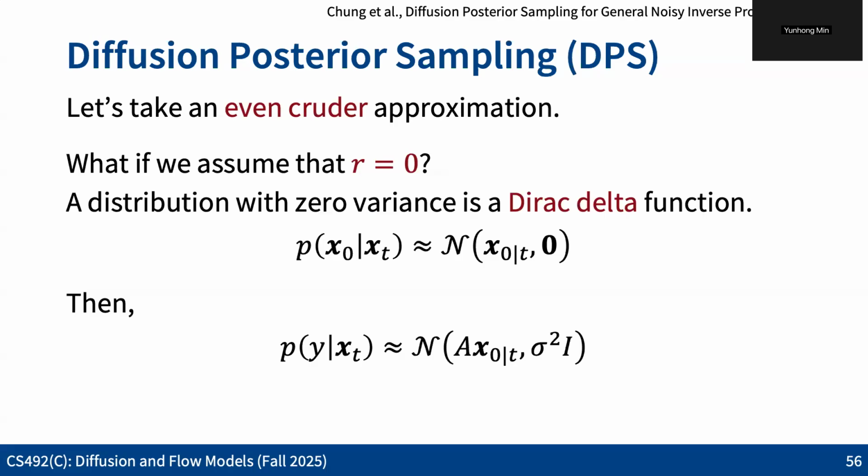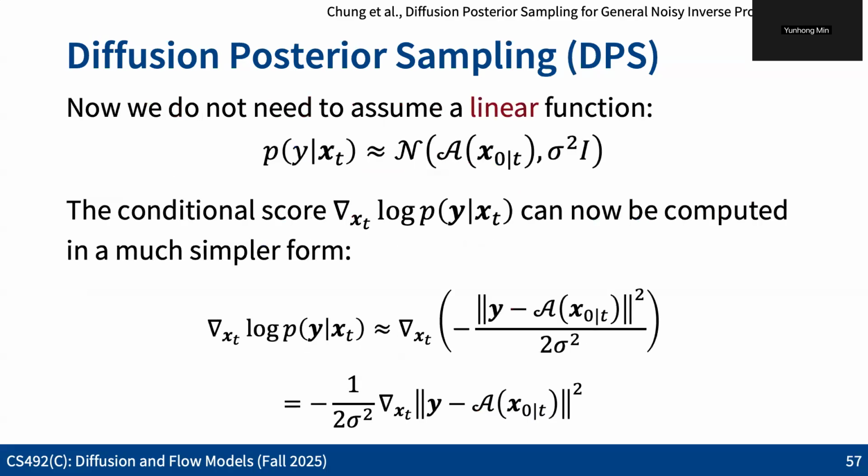But as I said, this is an even worse approximation. Then what would be the reason for this? The reason is that this makes the computation much simpler. Even with this much simpler approximation, we don't need to assume that the inverse function is a linear function, which means that with this even cruder approximation, we can now cover a broader range of applications, even when the A function is not linear.